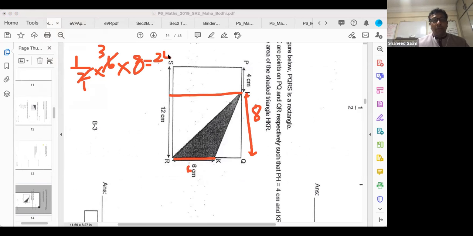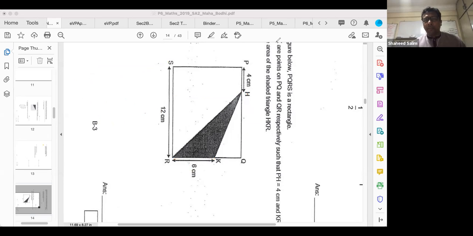I will always use this way: base times height, divide by 2. Same thing. This is easier for mental calculation. Then I will half one of them. Maybe I half 8. 6 times 4, 24. Same thing. I'm just showing you. Well done to those who have gotten the answer.